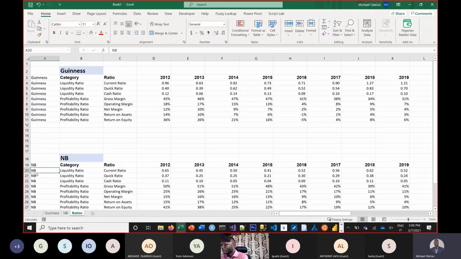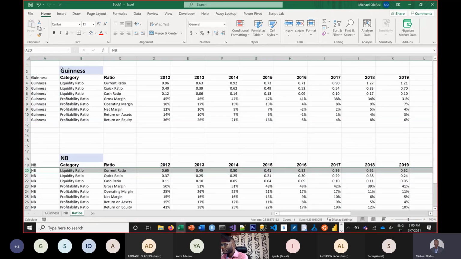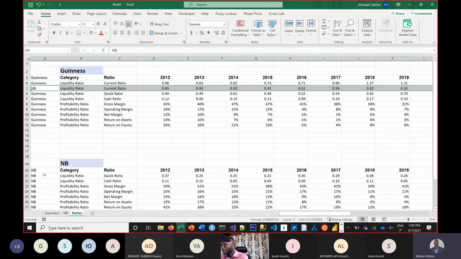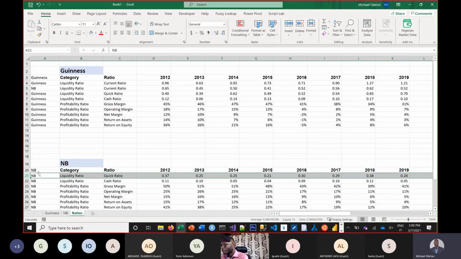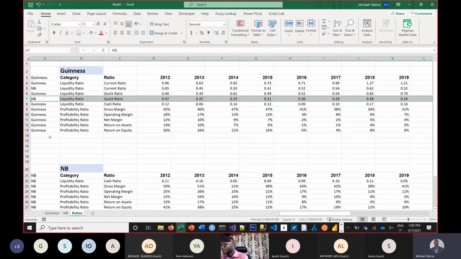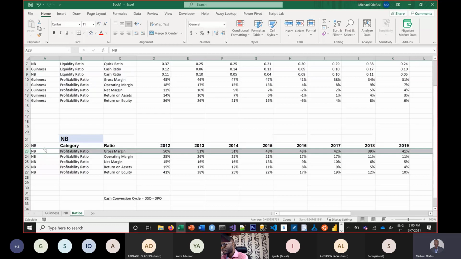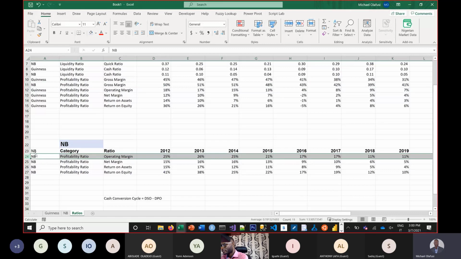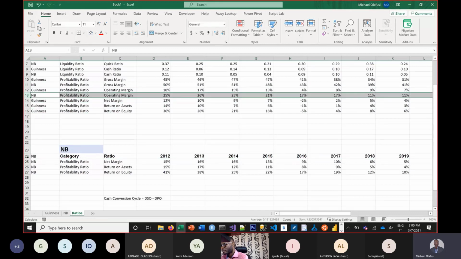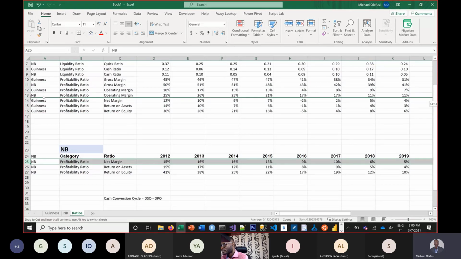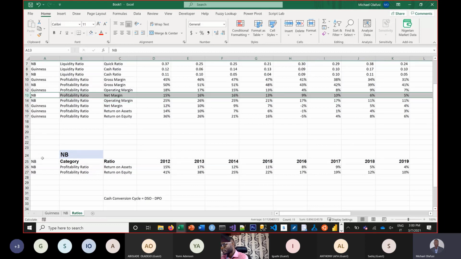So I'm going to grab this, move it here, so you can compare. I'll grab this, move it here also. I'll grab this, move it here. I'll grab this, move it here. Almost done. Grab this, move it there.